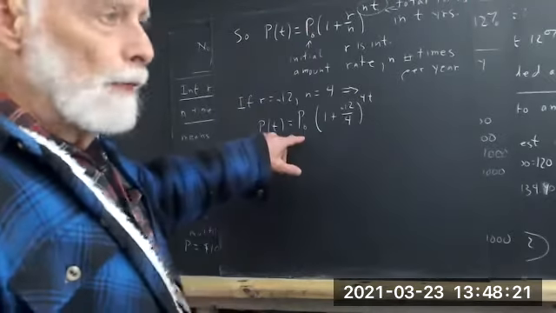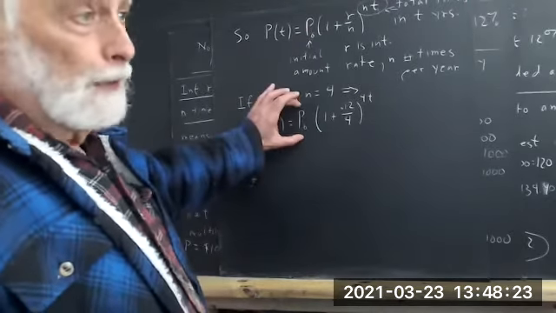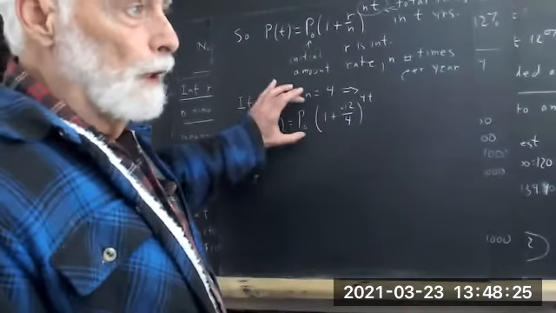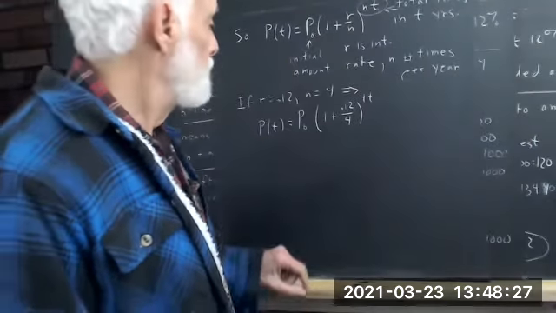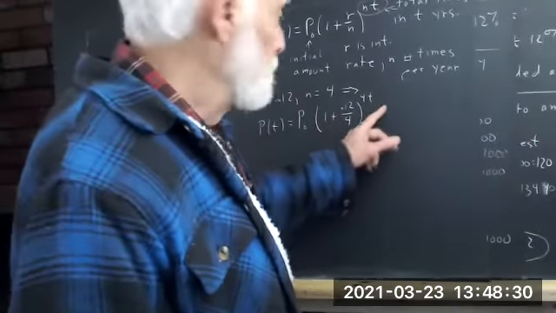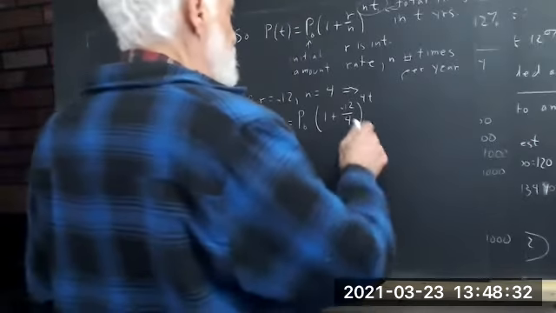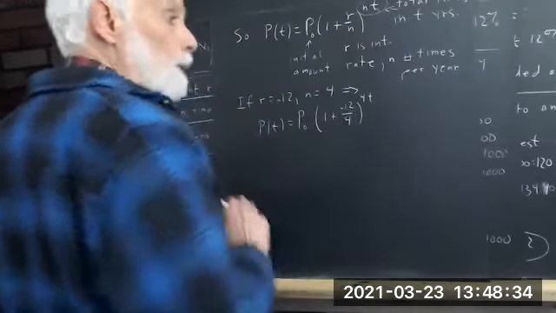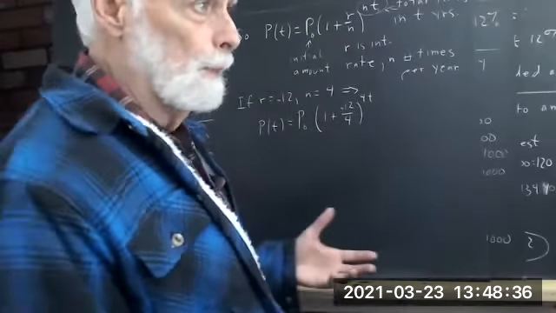Then we get whatever our initial principal is. If you want to think $1,000, that's fine, but you can plug in whatever you start with. And you do this calculation. Well, that follows the formula, but we should understand where the formula comes from.